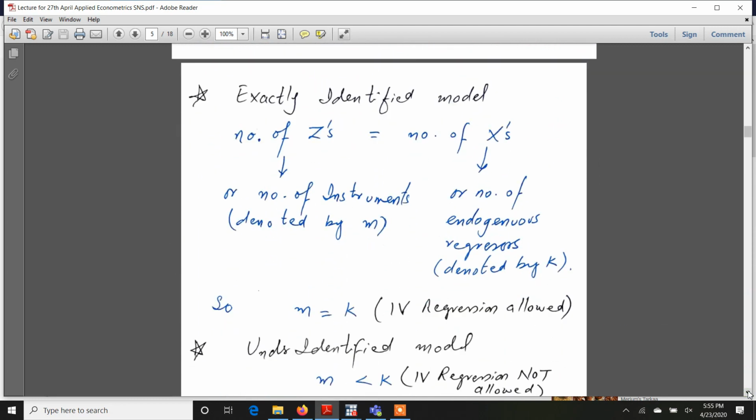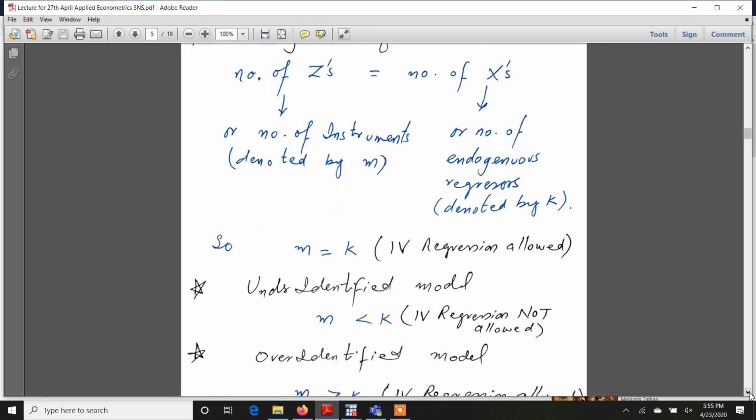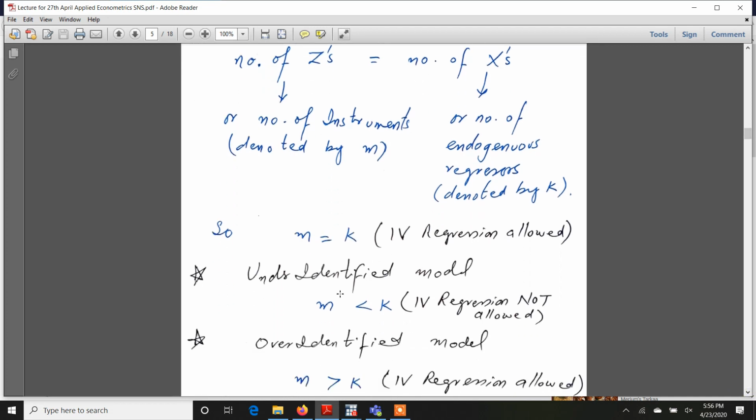So now we have this terminology. An exactly identified model is the one when the number of instruments is equal to the number of endogenous regressors, right? Or M is equal to K. An under-identified model is when the number of instruments is less than the number of endogenous regressors, or M is less than K. So IV or the instrumental variable regression in this scenario is not allowed.